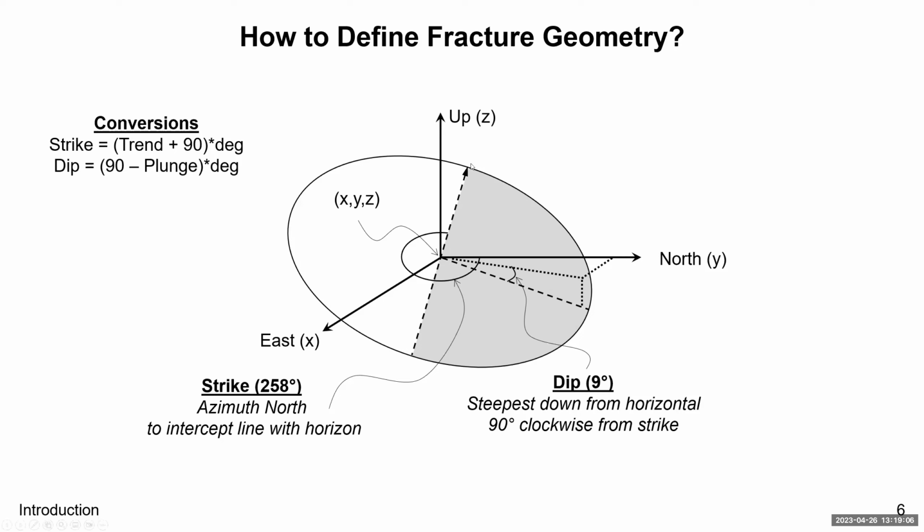So the strike is essentially where that surface intersects the horizon. And then the dip in GeoDT's definition is going to be looking down from the top. It'll be clockwise to the right, 90 degrees will be the steepest vector going down in the plane of that fracture. That steep down vector, the angle between that and the horizon is the dip.